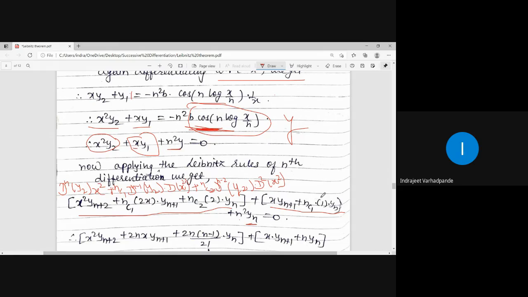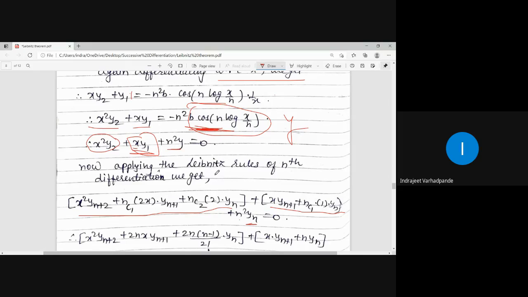What will be the step for this term, the second bracket? Can anybody tell me the step for x into y1?